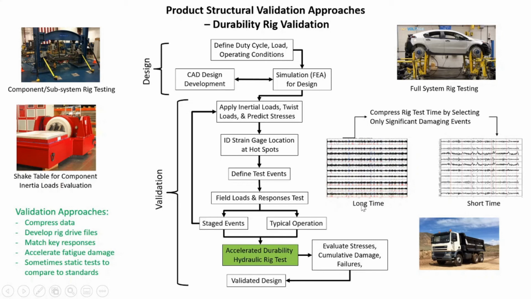we'll be looking at the recordings while the unit was run in the field and driven through its typical operating conditions. And we're going to find that there are some significant events in there. And there's also a lot of, let's call it dead time, where not much is happening that's significant structurally. So one process we go through is to compress the data by selecting only the significant damaging events.